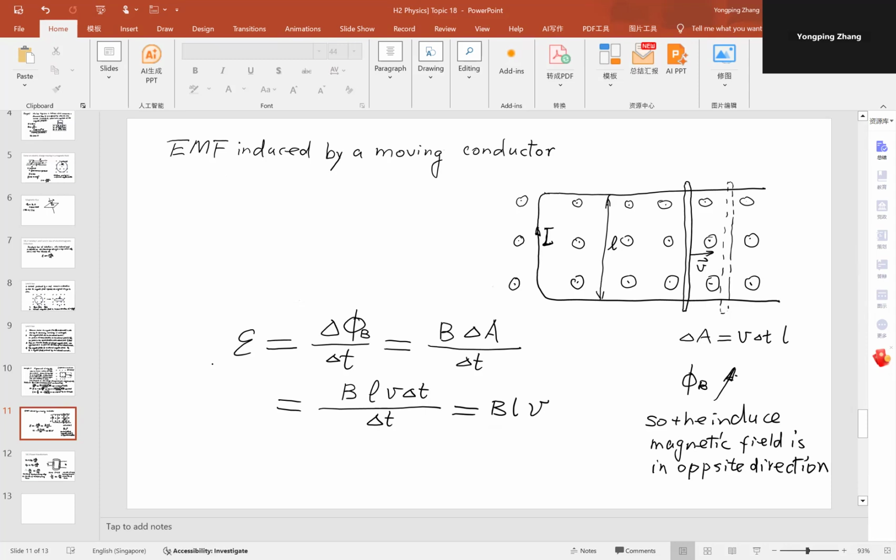The force on a positive particle is downwards.